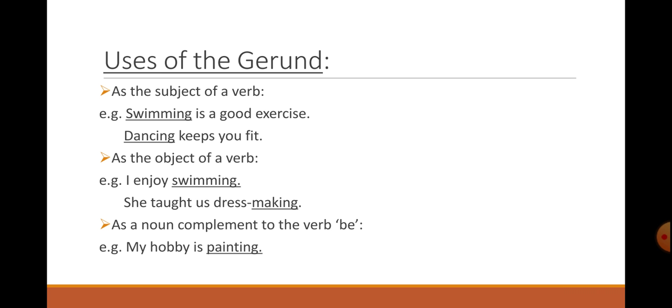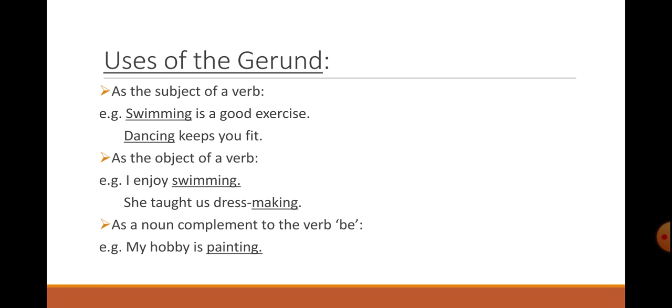Now in this sentence, swimming is the gerund, that means V1 plus ing form, and it works here as a subject of the verb is. Let's see the second example. Dancing keeps you fit. Now in this sentence, dancing is the gerund, and it works here as a subject of a verb.